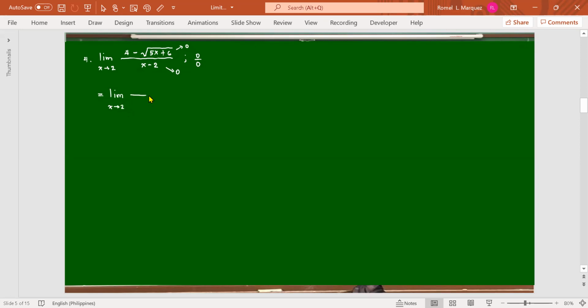We rationalize the numerator so that we will be able to get rid later of the factor making the numerator and denominator 0. So 4 minus the square root of 5x plus 6, okay?